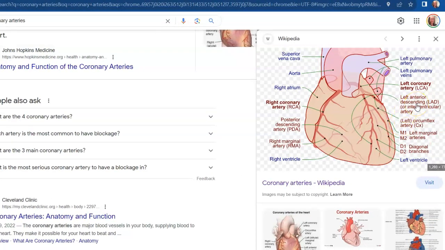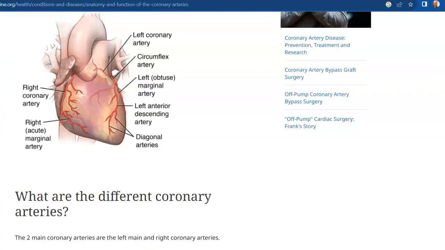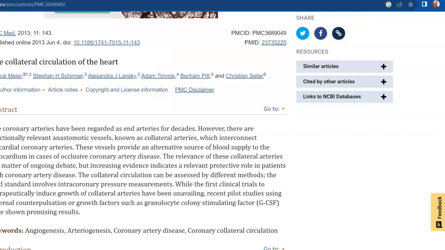So you could see that one represented there. There's left anterior descending again. See, there's a ton of different names. So it gets kind of confusing.